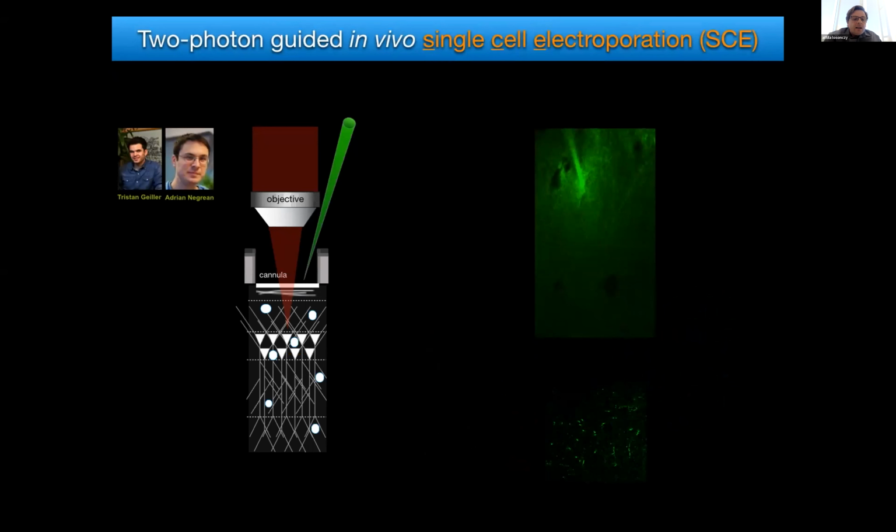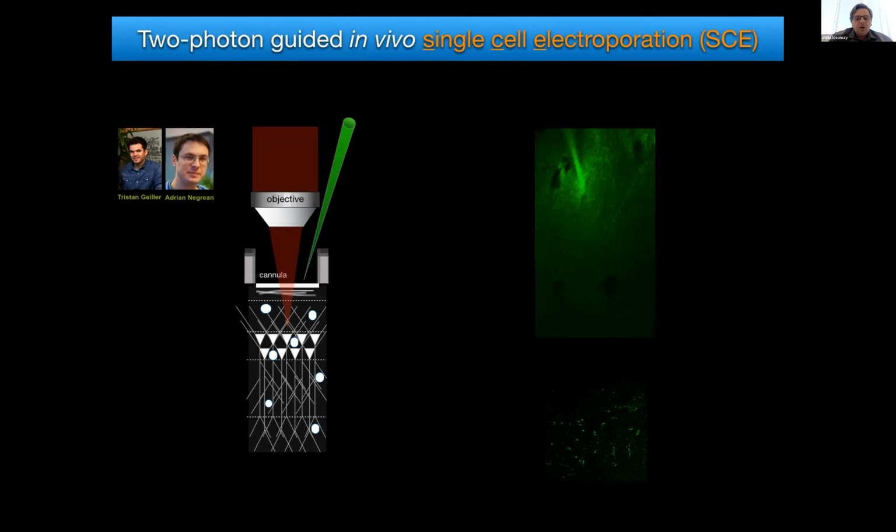This is a method that two fantastic postdocs, Tristan Geiller and Adrian Negrean, have established in the lab by modifying a single cell electroporation approach that had previously been applied in the neocortex, and they applied it to the dorsal hippocampus in the mouse.